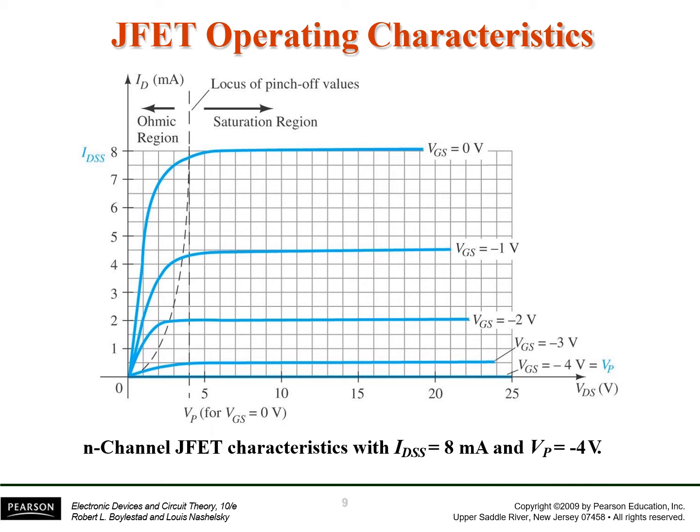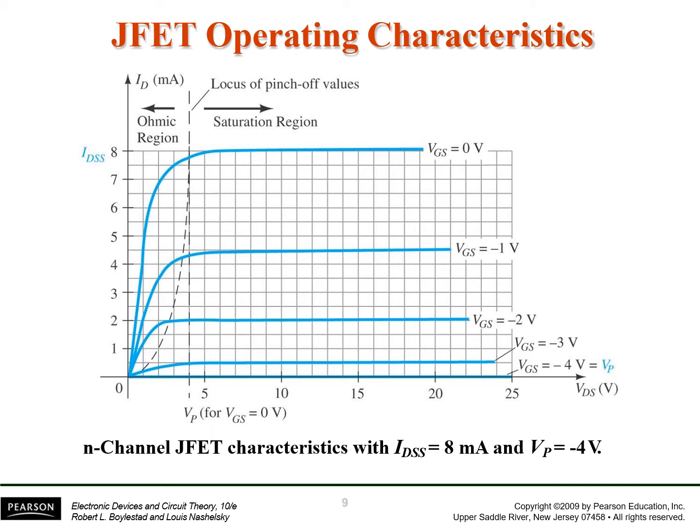When we increase this negative voltage between the gate and the source to -2 volts, the current ID saturates at 2 milliamperes. When we increase the VGS up to -3 volts, the current ID saturates at 0.5 milliamperes.